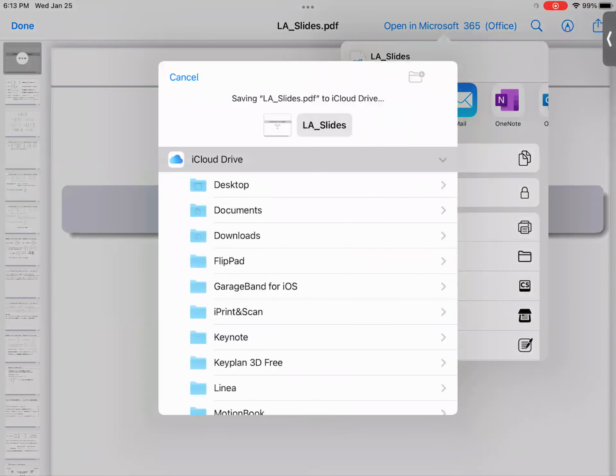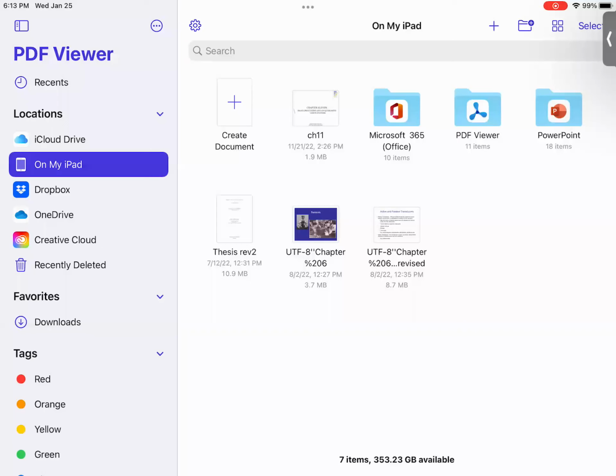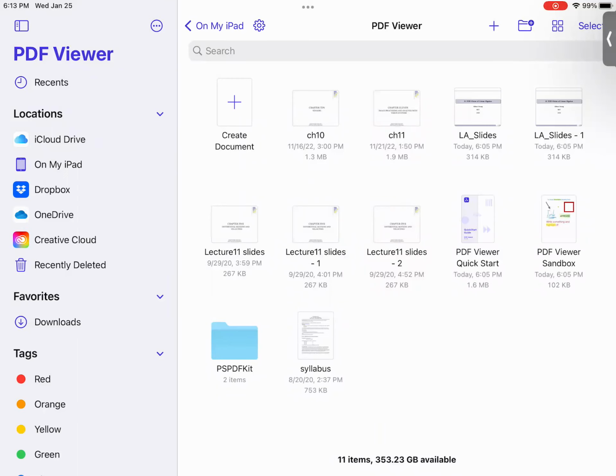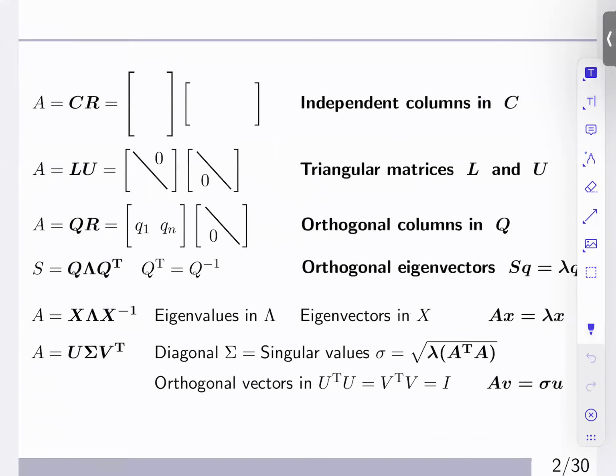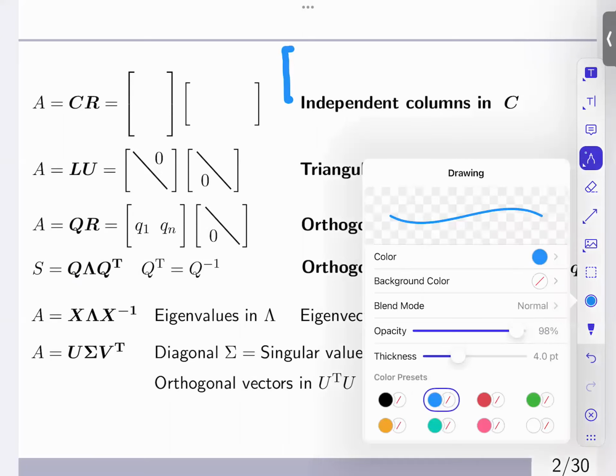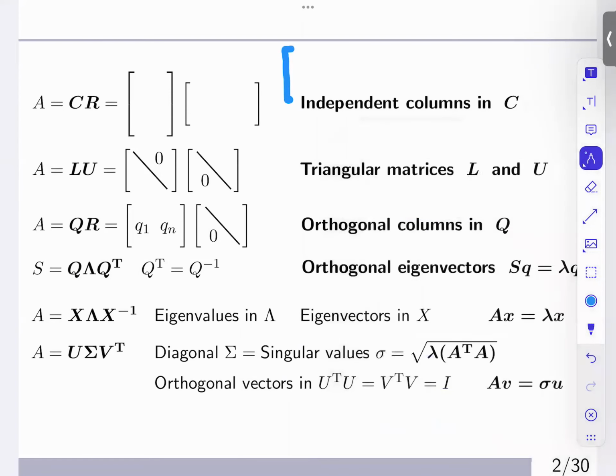So what I want to do is show you this one. The PDF. 1, 2, 3, 2, 4, 6, 4, 5, 7.